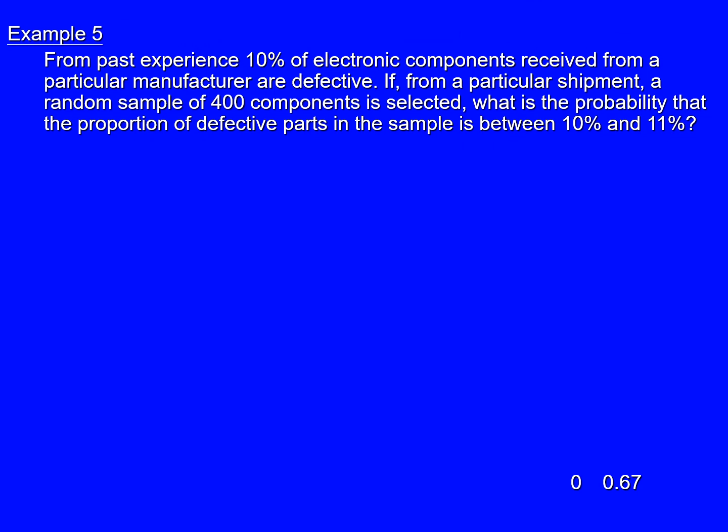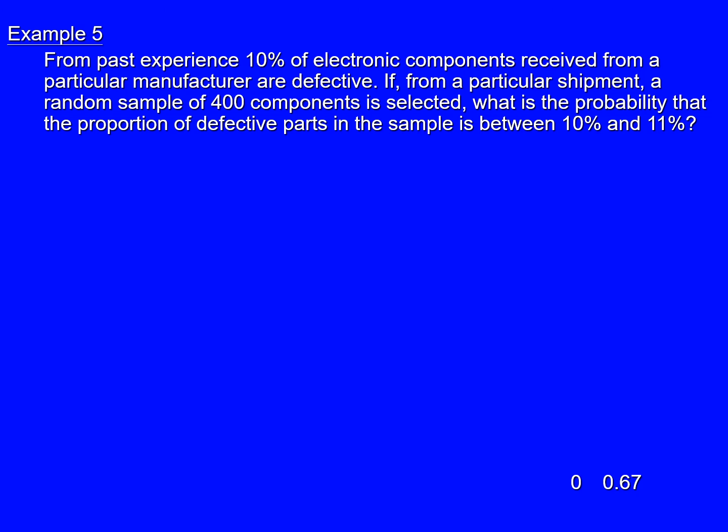Now, example 5 says, from past experience, 10% of electronic components received from a particular manufacturer are defective. That means the population proportion of defective components is 10%. That's p.